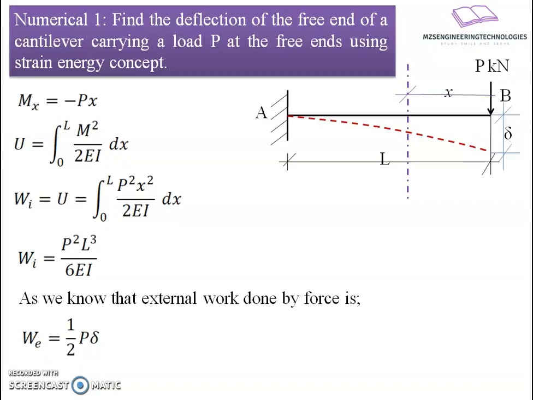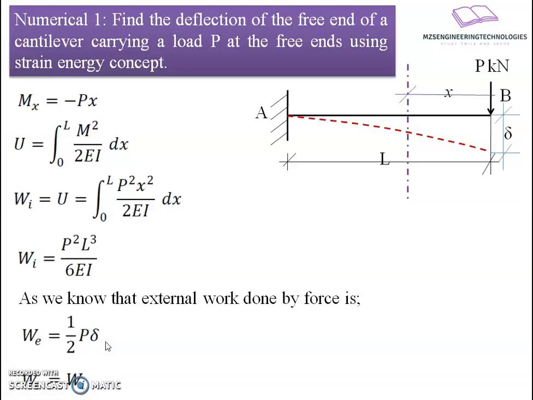So based on that concept, let us find the work done by the external force. Here the force acts at the point B. The work done by the force will be 1/2 of the force applied multiplied by the total displacement, that is delta here. So WE, the external work done, is equal to 1/2 of P into delta.